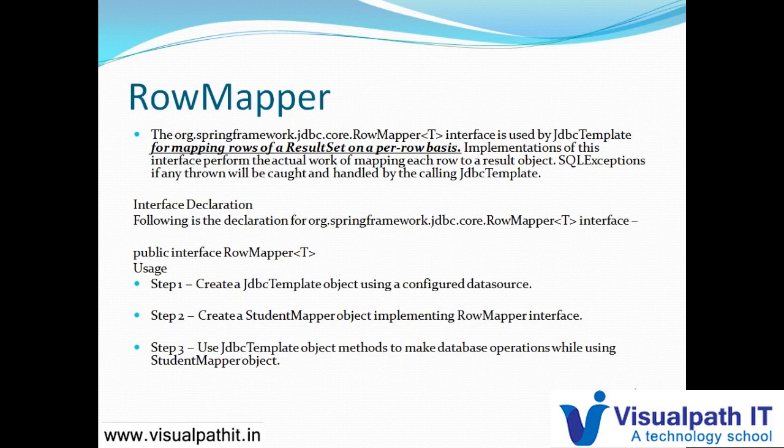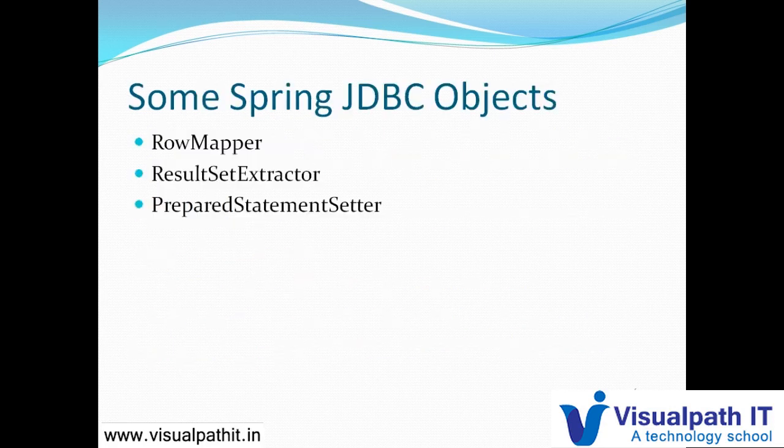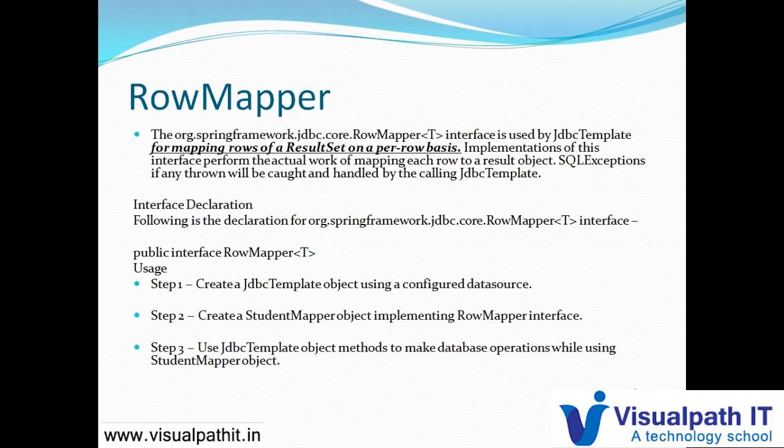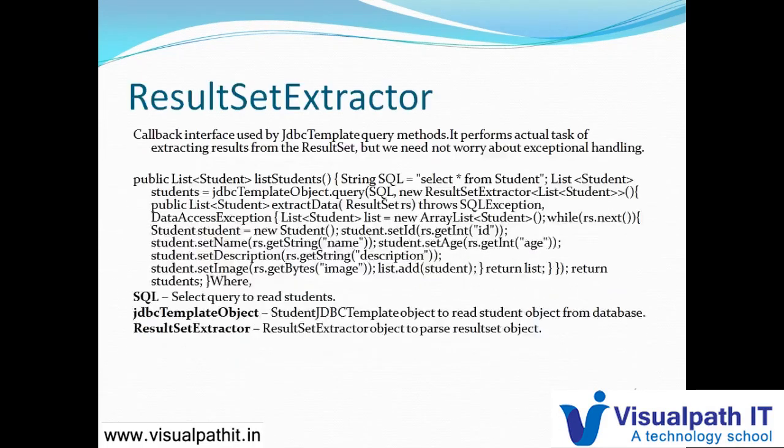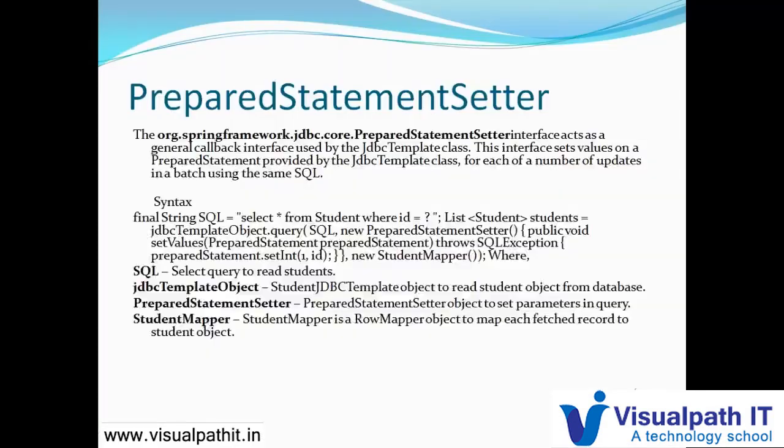We have been hearing about the row mapper, result set extractor, prepared statement setter, etc. These three are some of the basic JDBC Spring objects which we have to be using in our code, and they are very important. So now let's understand at least the basics of these three and how they are implemented in our code.